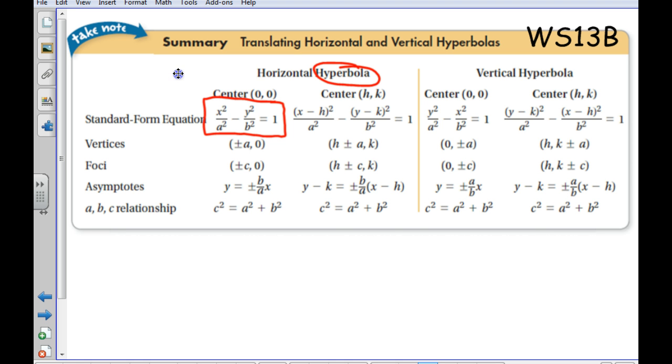Show me with your hands what a horizontal hyperbola looks like. Yes, very good. I like that one. It's opening this way. A vertical hyperbola opens this way, yes?